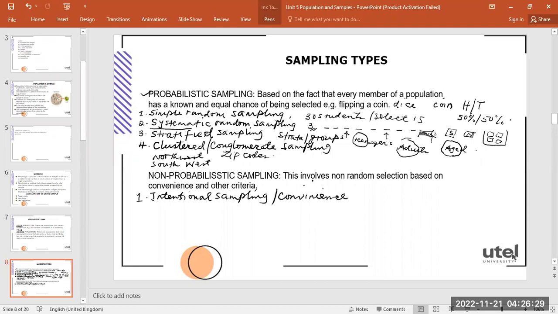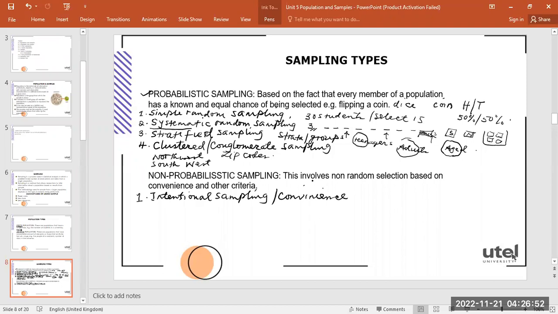So intentional sampling is simply sampling based on convenience, because the people or items under study can be easily accessed by you.